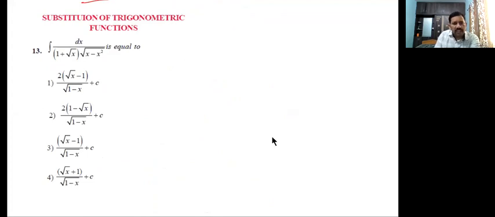Now see that the question is integration dx divided by (1 plus root x) into under root (x minus x square). Here take x common and overall root x will come outside.